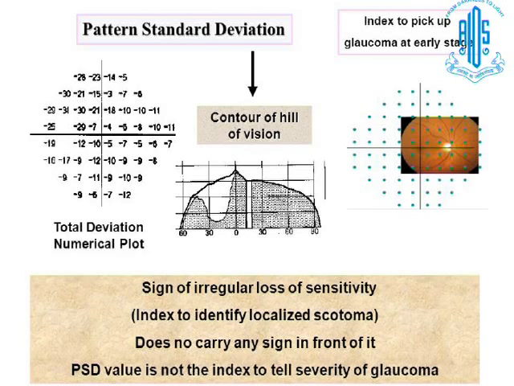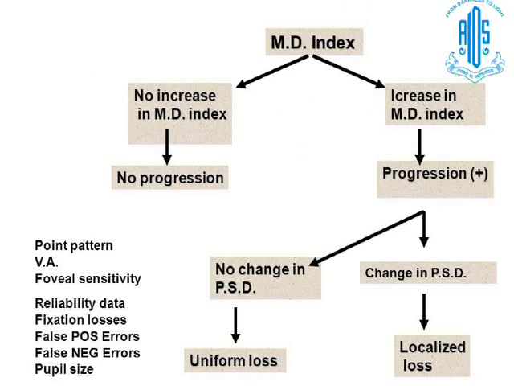But the PSD again has a role in progression. If there is a change in mean deviation index, we say there is progression. No increase in mean deviation index means no progression.